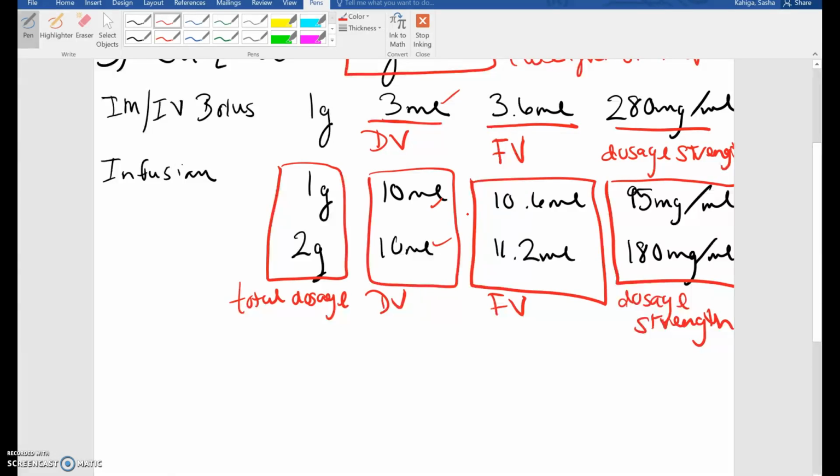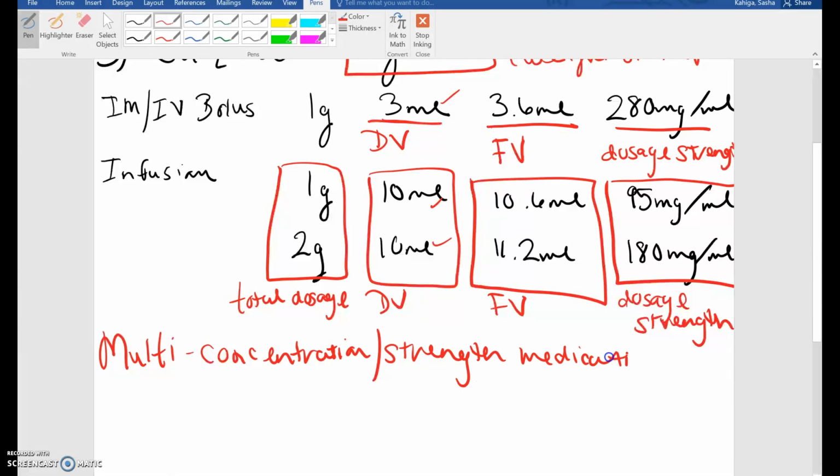And I also have multiple dosage strengths. One is 280 milligrams, one is 95 milligrams, one is 180 milligrams per milliliter. So this medication is considered a multi-concentration or multi-strength medication.